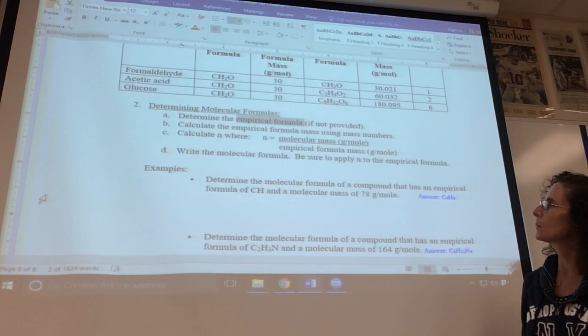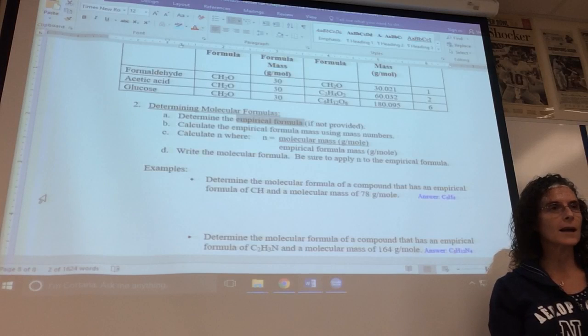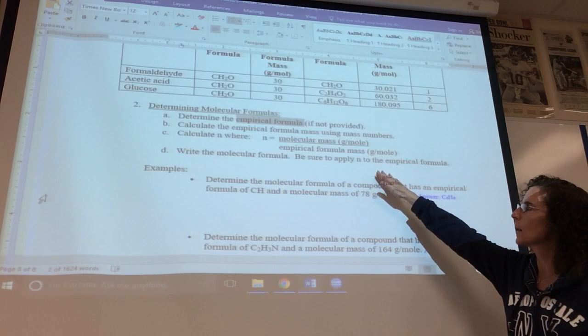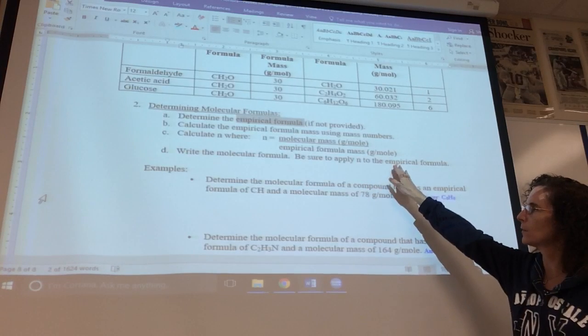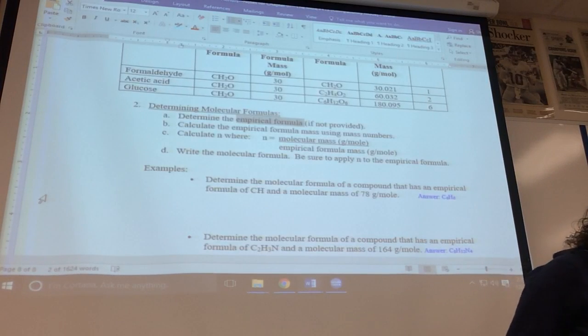Calculate the empirical formula mass as I've shown you. Calculate n, molecular mass over empirical formula mass. Write the molecular formula by applying that multiple n to the empirical formula, and we'll go over that. So let's walk through these first two examples.